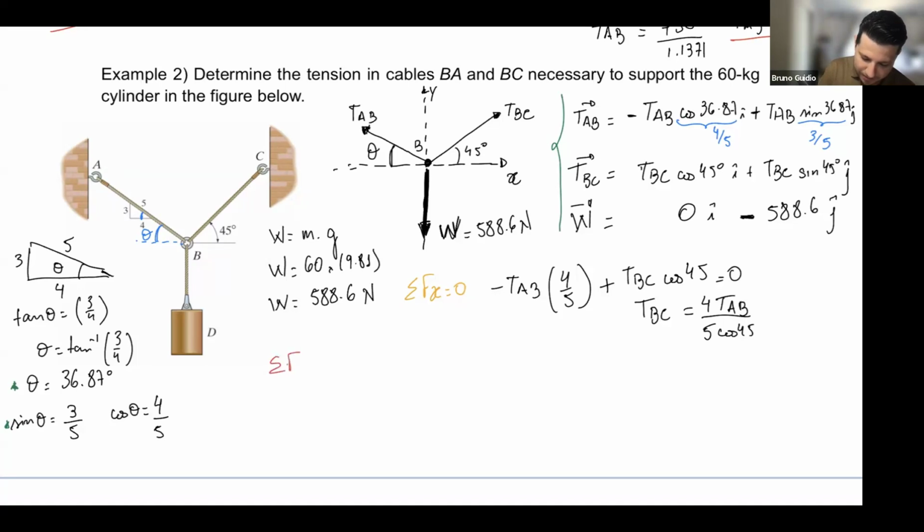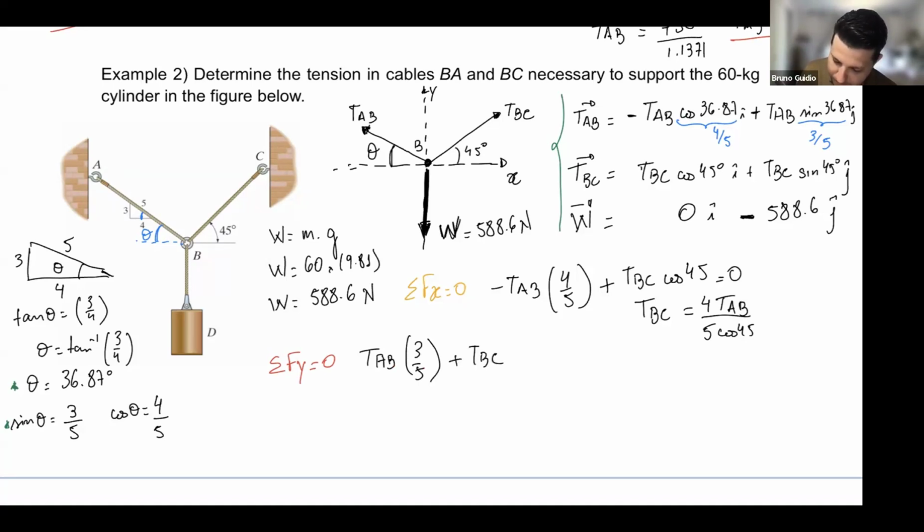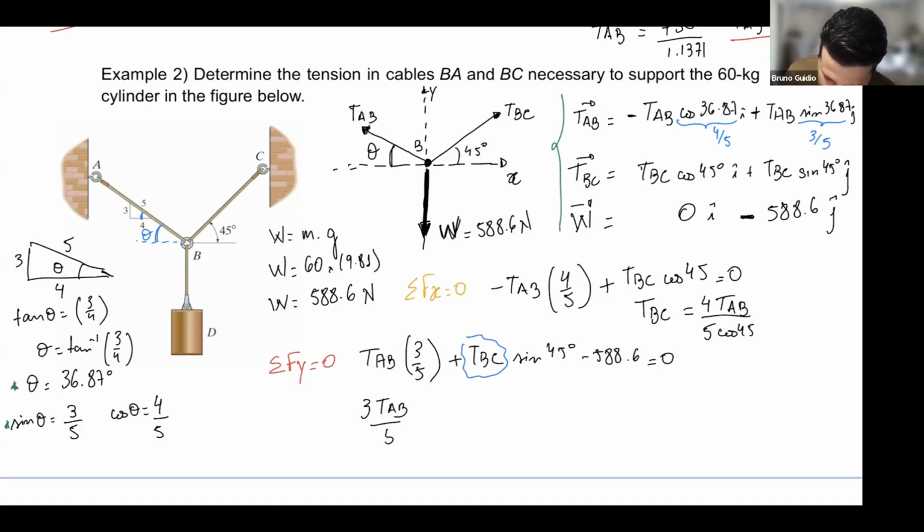Sum of the force in y should be 0. I have T_AB 3/5, plus T_BC sine 45, minus 588.6 equals 0. I'm changing T_BC here, so I have 3 T_AB divided by 5.